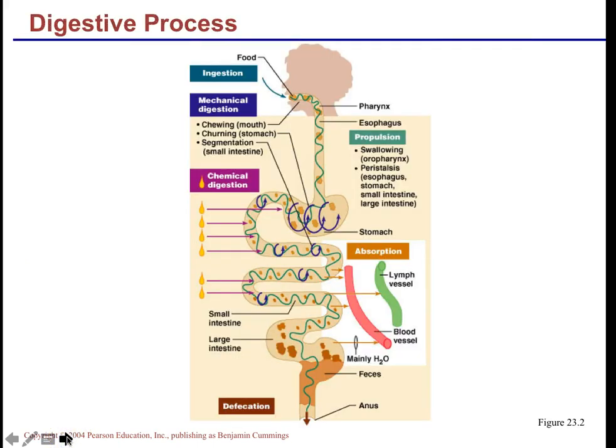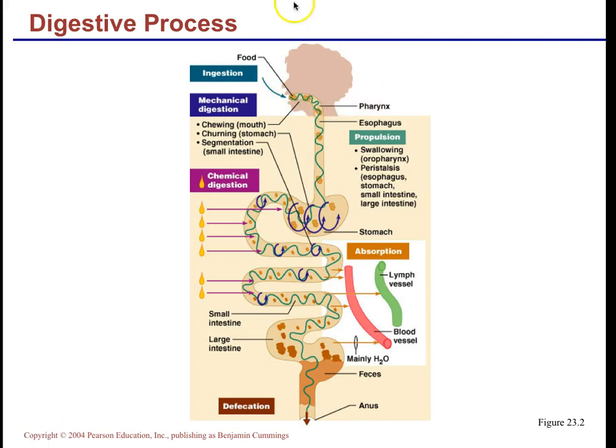So this is a pretty picture of what has just been appearing on the previous PowerPoint slide. Let's go right here. Ingestion is taking the food into the mouth, chewing it, and then swallowing it. You can talk about mechanical digestion as you use your teeth to break down the food.